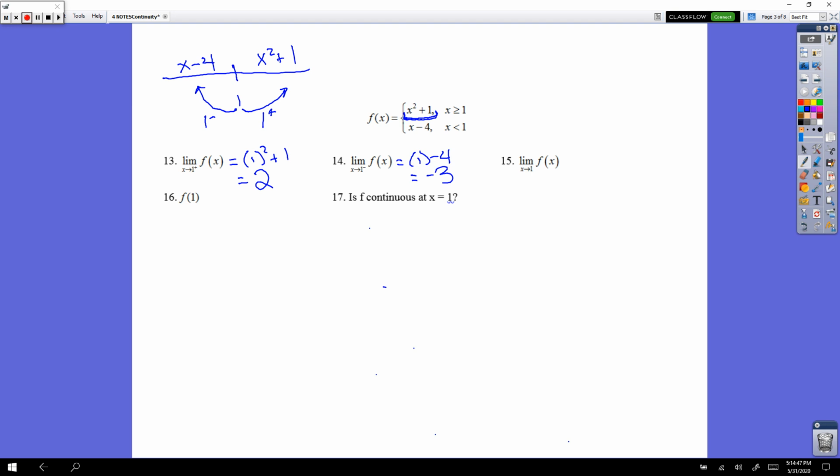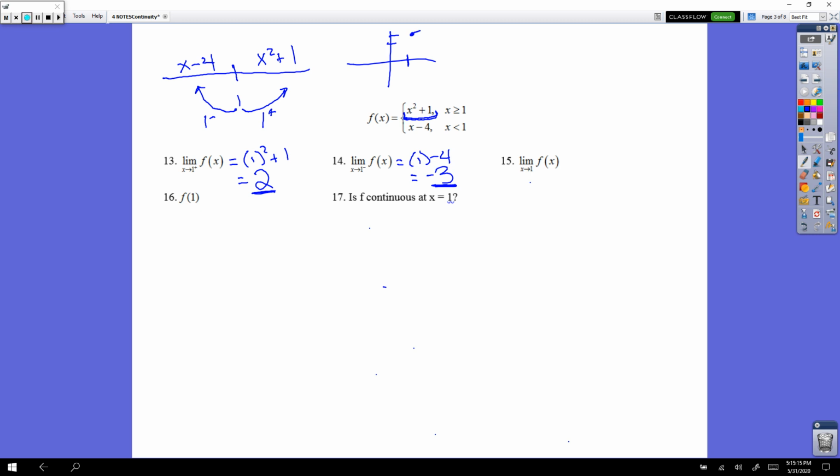So, does the limit as x approaches 1 of f of x exist? Since it's approaching different values on either side of 1, that means that it's going to be a jump. Right? On the right side, if you think about what that graph means, so here's 1. From the right, it's going to be approaching 2, so that'll be up here.